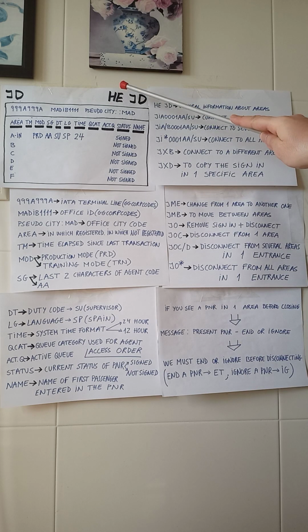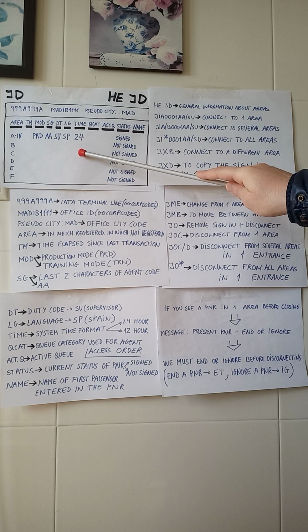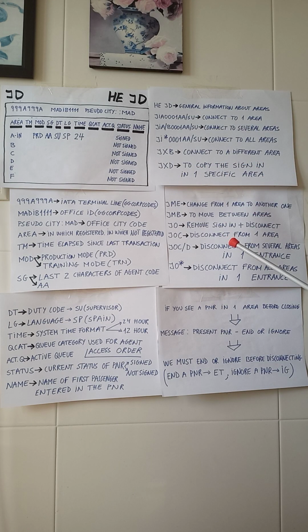HEJD, this one, as I said before, is used to view all workspace related information. As I said before, everything I am saying in this video, the screenshot and the rest of the information, like these 5 folios, 1, 2, 3, 4, 5, everything is with HEJD.